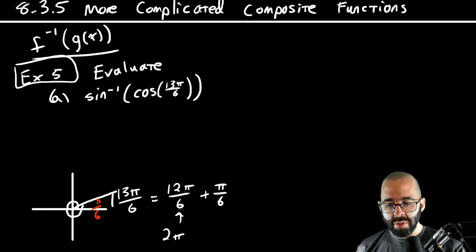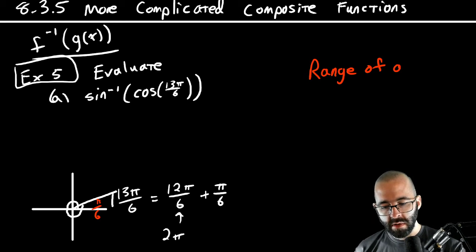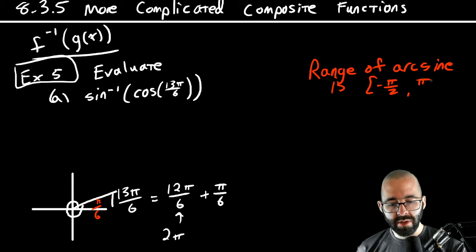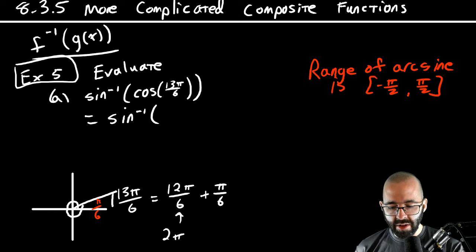Remember the restricted domain of sine, so the range of inverse sine, the range of arc sine, is negative pi over 2 to pi over 2. So hold on, I'm jumping ahead of myself. The cosine of pi over 6 is going to be root 3 over 2.